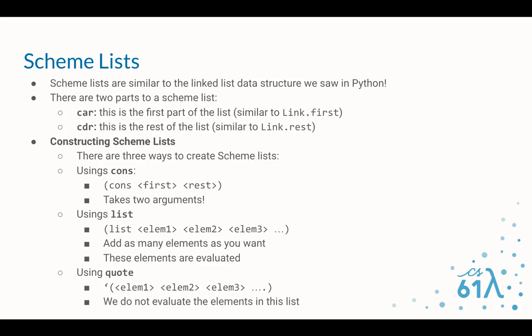And then you pass in the value that you want as your first, and then the second parameter is either nil, where the list has ended, or just another link, right? So in this case, you're just replacing Link with cons. You have cons, you pass in the first element, and then you can have another cons and pass in another element and then have nil. In that case, it'll make a 2-element list.